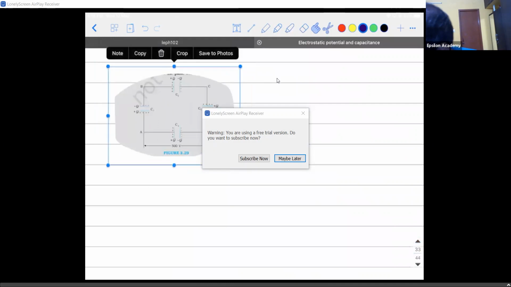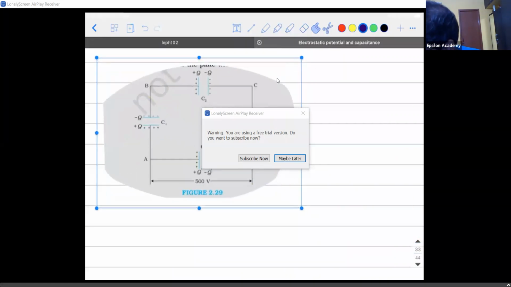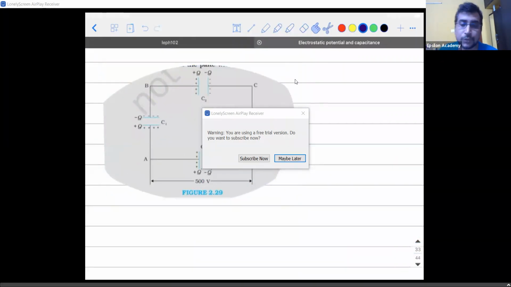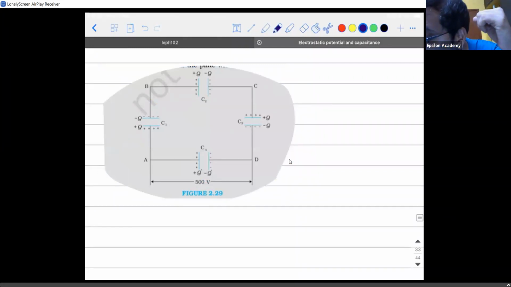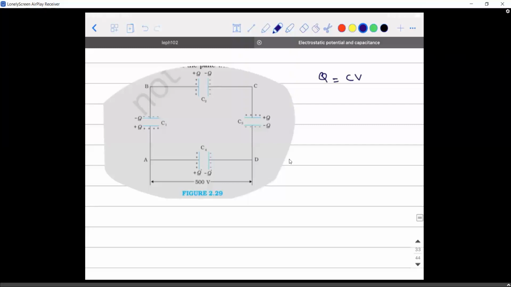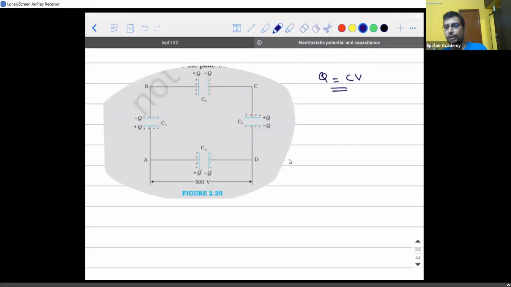Now, who can tell me how to find the charges? How do we find the charge? So what is the formula for charge on a capacitor? The only formula that we have is Q is equal to C into V. Okay. So one important point. When you have Q is equal to CV, the Q stands for the charge on a particular capacitor.